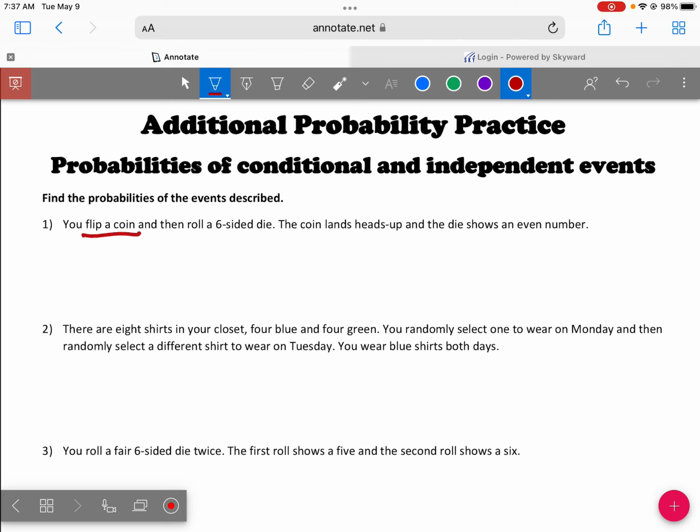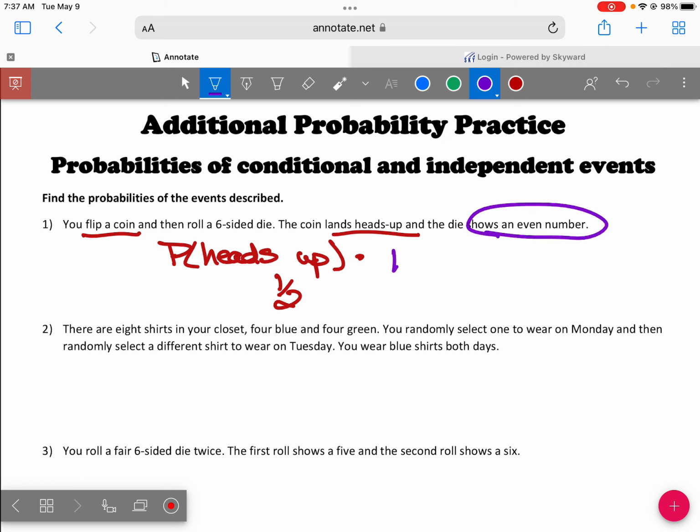So we've got a coin and it lands heads up. What is the probability that it lands heads up? 1 out of 2, that is correct. The probability of heads up on a coin is 1 out of 2 times the probability that we roll an even number. What are my even numbers on that die? 2, 4, and 6.